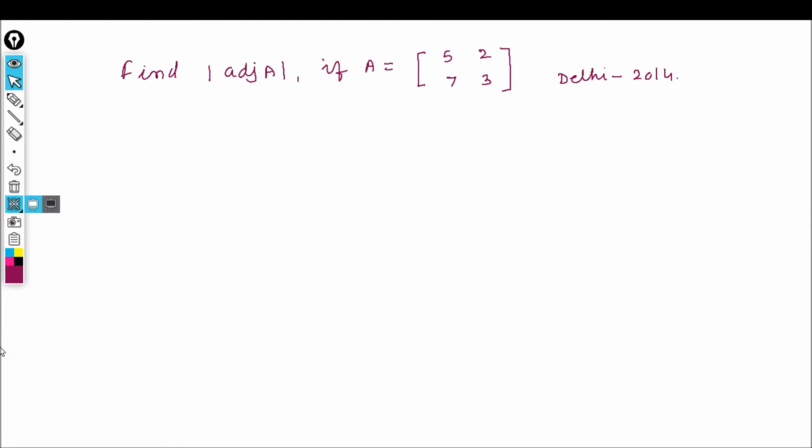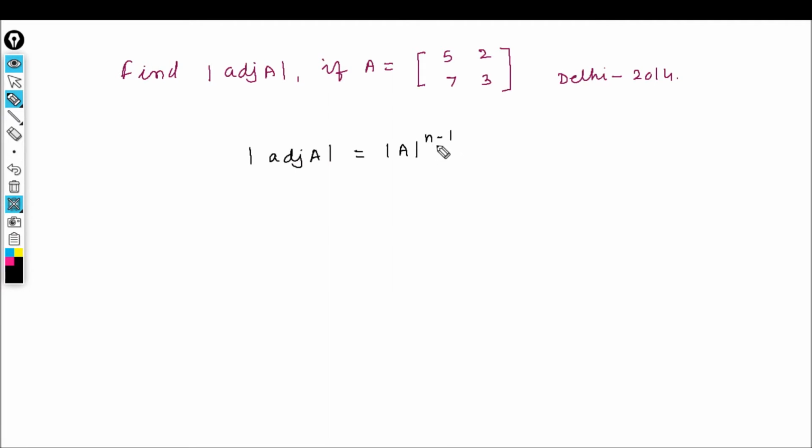So let us solve this question, बच्चों. We have to find the determinant of adjoint of A. So see here, बच्चों, determinant of adjoint of A is equal to determinant of A raised to n minus 1.